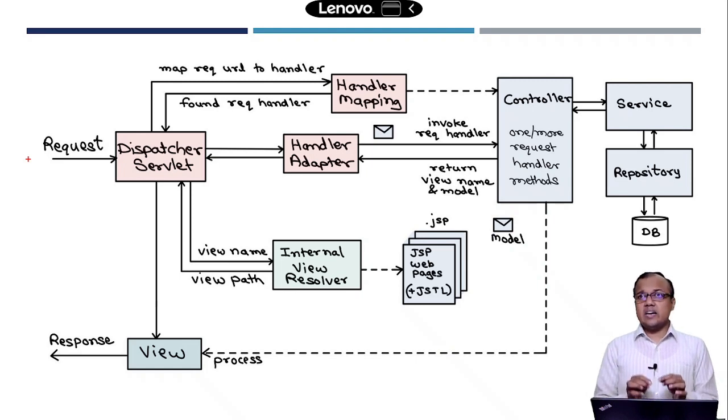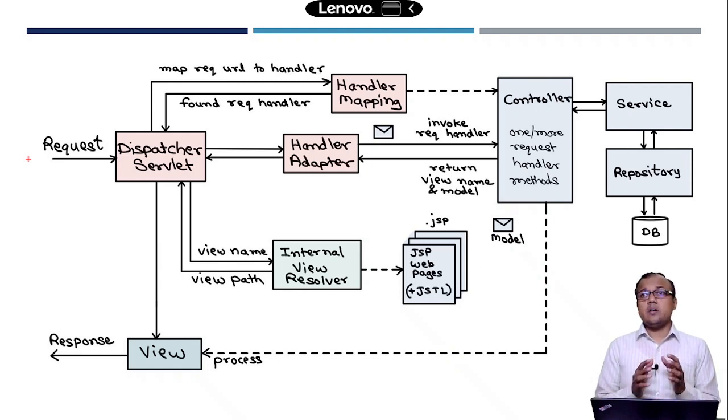Models here are simple Java POJO classes, which are used to collect the data coming from the view in the form of request parameters, or can be used to send data to the view as request attributes.